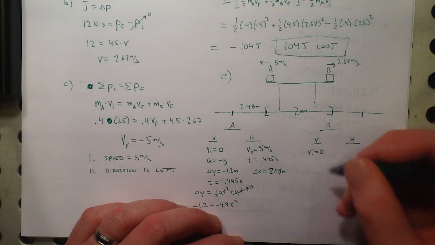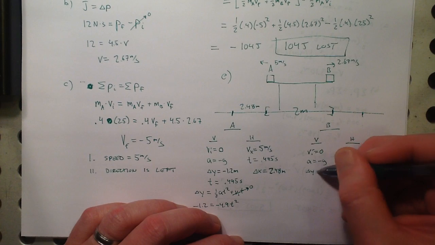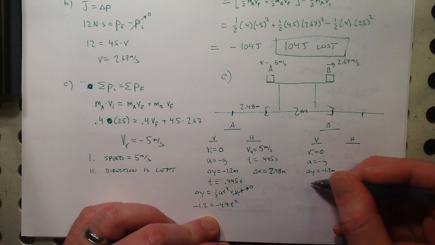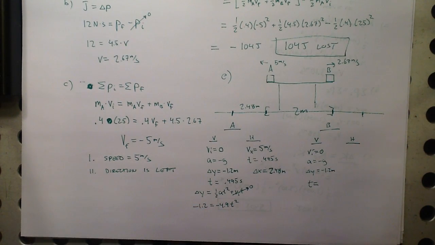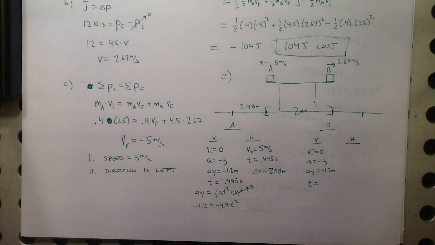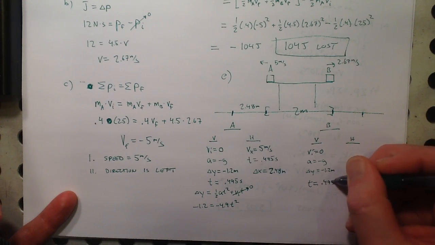That's all horizontal. Acceleration is negative g. The delta y, once again, is negative 1.2 meters. And I'm just going to jump right down to finding the time, which I will do in exactly the same way. In fact, it's going to be the same amount of time, right? Because all those numbers are exactly the same. So 0.495 seconds.